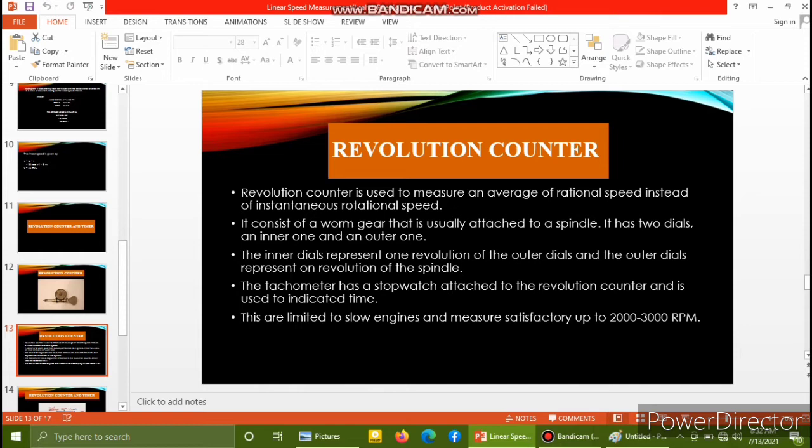The inner dial represents 1 revolution of the outer dial, and the outer dial represents 1 revolution of the spindle. The tachometer has a stopwatch attached to the revolution counter, and it is used to indicate time. These are limited to slow engines and measure satisfactorily up to 2000 to 3000 revolutions, represented as revolutions per minute.